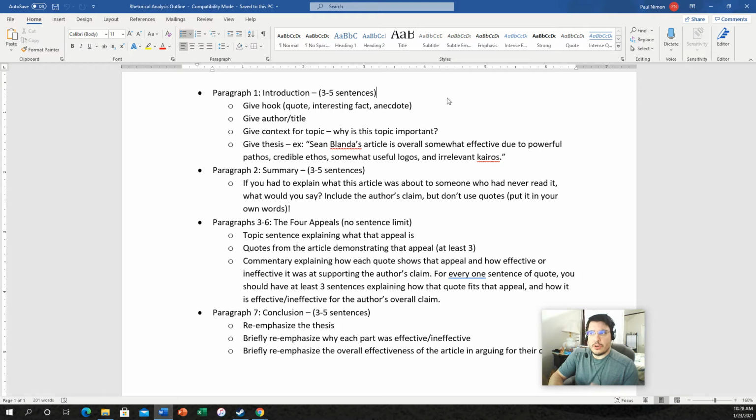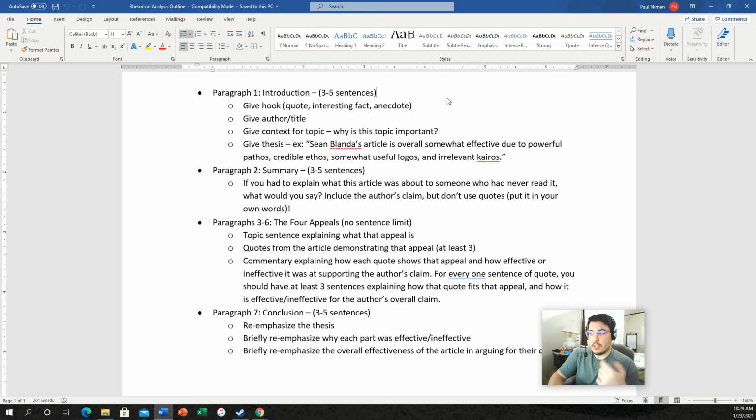Amanda Ripley's article is overall effective, overall somewhat effective, overall ineffective because of, or due to, strong ethos, interesting logos, hilarious pathos, and timely kairos, or whatever you want to say about those 4 appeals.